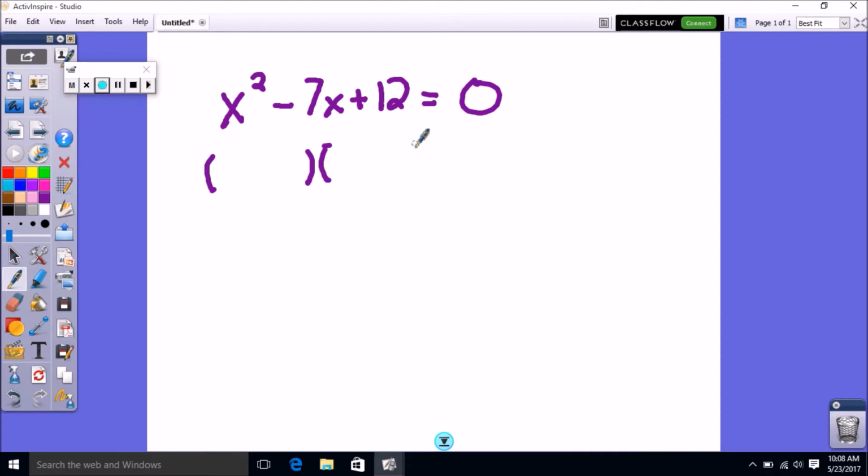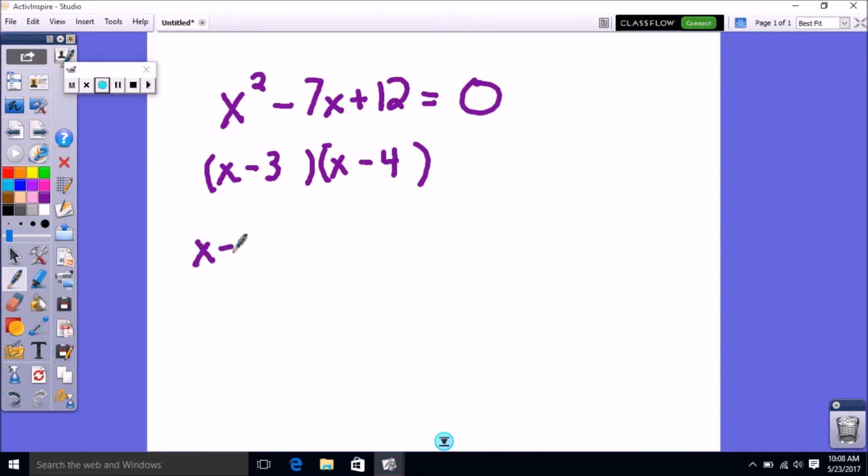I'm first going to do a problem that, if you realize, you can actually factor. You could actually say x minus 3, x minus 4, because negative 3 and negative 4 multiply to give you 12, and negative 3 minus 4 combine to give you negative 7.